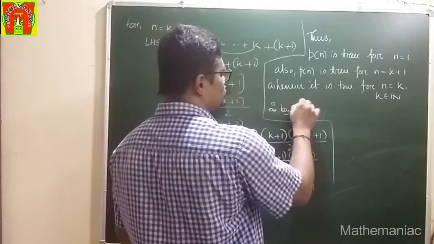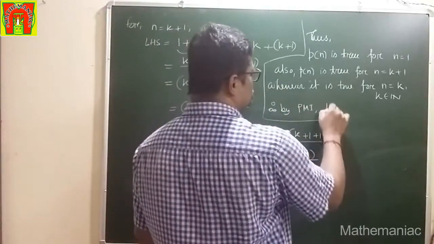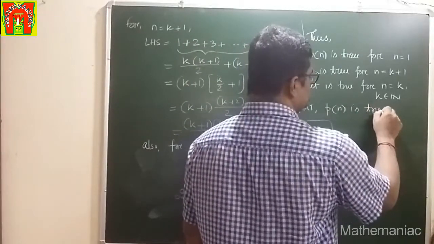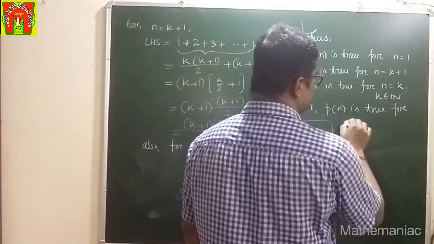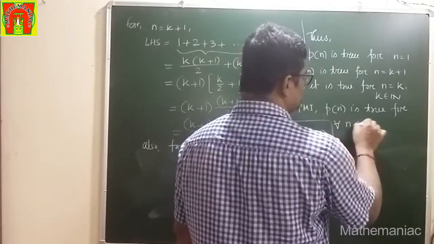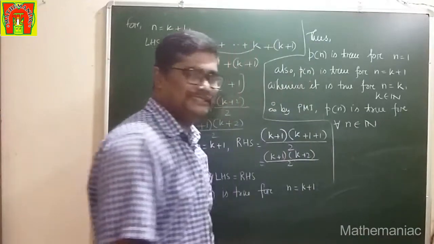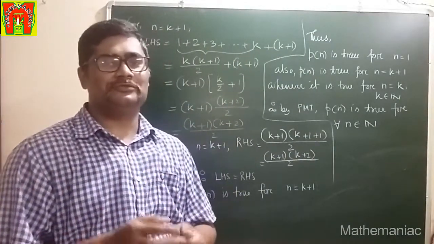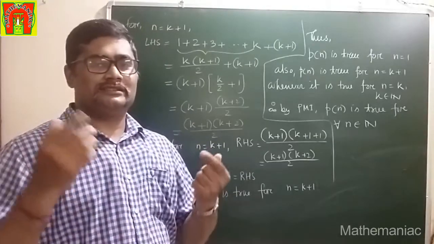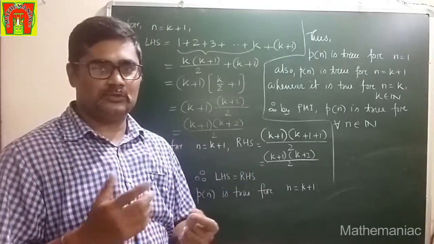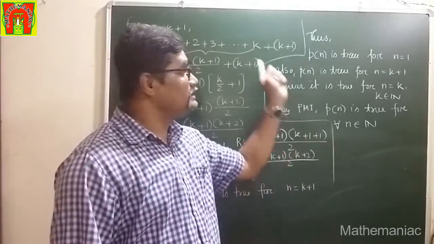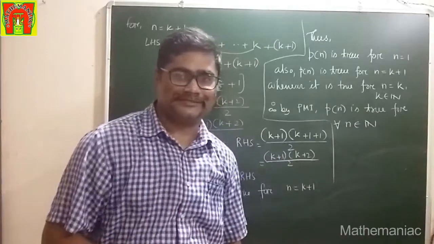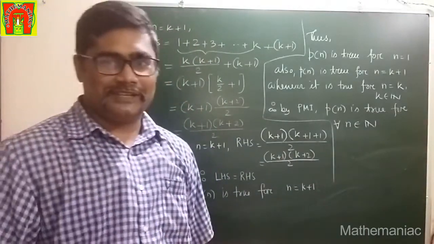Therefore, by PMI, Pn is true for all n belongs to natural number, right? So you write like this. But at last, if it is possible for you, when you go for the deductive reasoning during your board exam, you should write again the original statement. Therefore 1 plus 2 plus 3 up to n is equal to this, right? So that's all. So I have taken this problem.